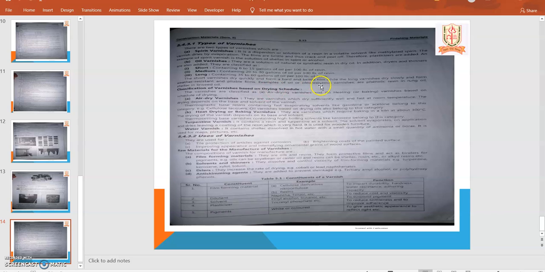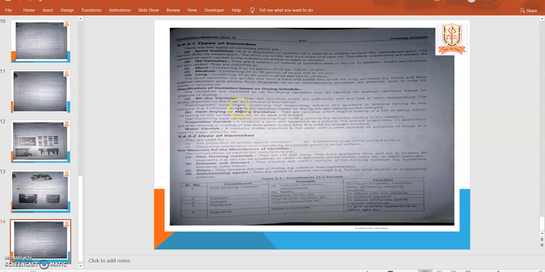Examples of oil or oleoresinous varnishes are phenolic resin in tung oil, and shellac in linseed oil. So these are the examples. Then classification of varnishes on the basis of drying schedule. First of all, air drying varnishes, that is, varnishes which dry sufficiently well and fast at room temperature.